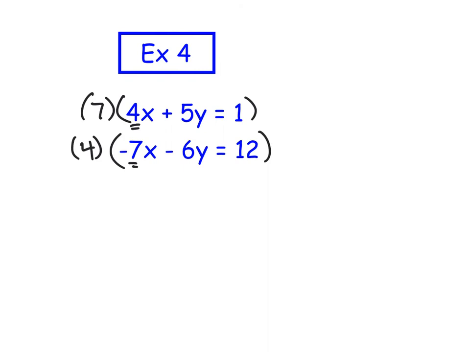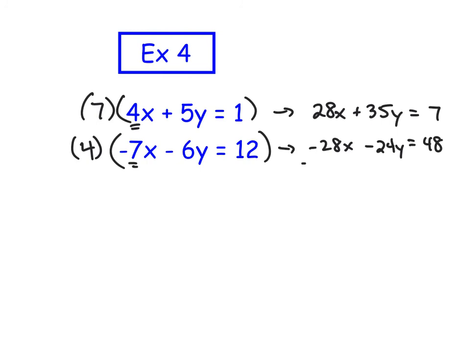So when I do that, I get 7 times 4x is 28x. 7 times 5y is 35y. And 7 times 1 is 7. And now I'm going to distribute that 4 into everything here. 4 times negative 7x is negative 28x. 4 times negative 6y is negative 24y. And 4 times 12 is 48.